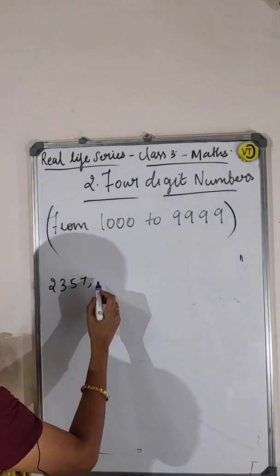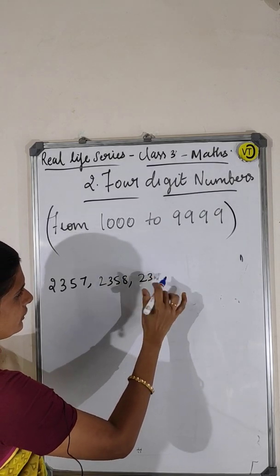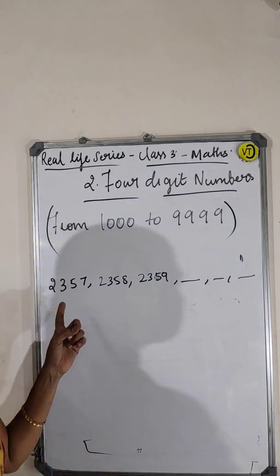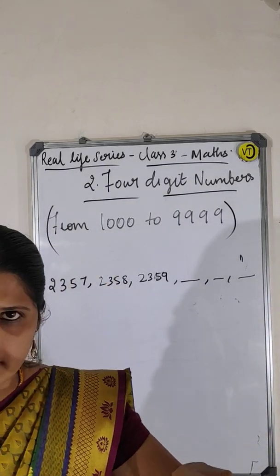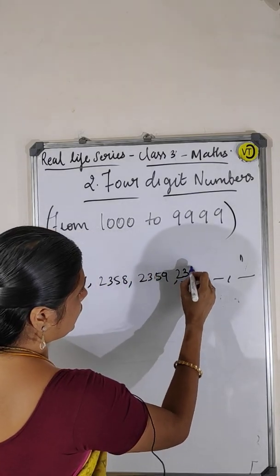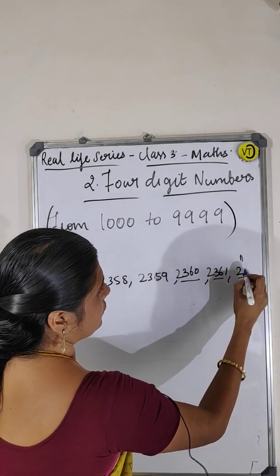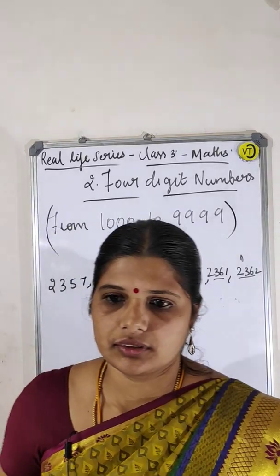Okay. 2, 3, 5, 8. 2, 3, 5, 9. What is the next number? 2357. 2358. 2359. 2360.